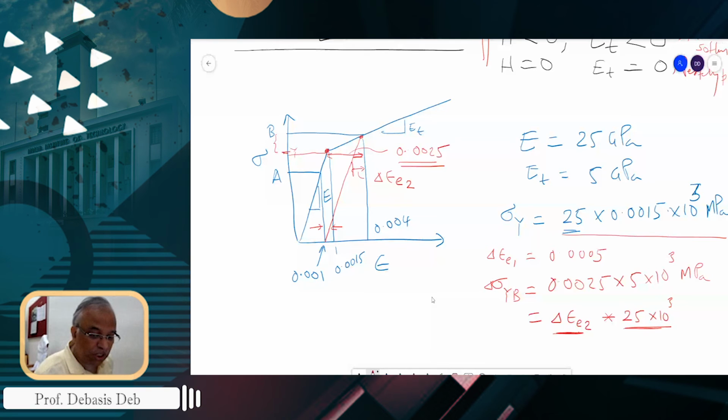So this will give me this much. So once you find that, this plus this is my total elastic strain increment from point A to B. And the plastic will be 0.0025 minus whatever it will give you here.